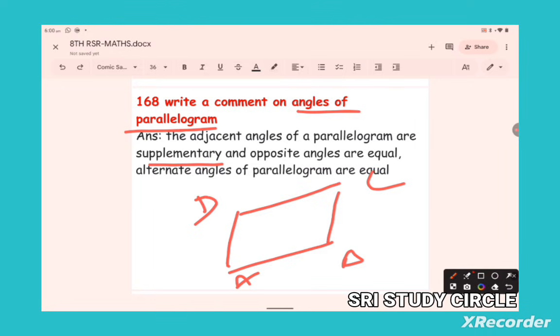Opposite angles are equal: angle A is equal to angle C, angle B is equal to angle D. The sum of any two adjacent angles is 180 degrees, so they are supplementary. Angle A plus angle B is equal to 180 degrees, angle B plus angle C is equal to 180, angle D plus angle A is equal to 180, and angle C plus angle D is also 180. They are supplementary angles.